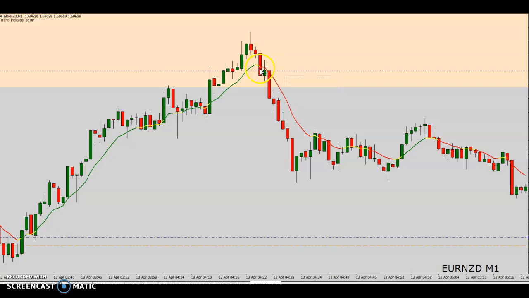It's also breaking through my MA. So the resistance zone, the sweet spot level, and my 10 EMA are all saying this is an area you should consider taking your profits, taking a portion of the profits.